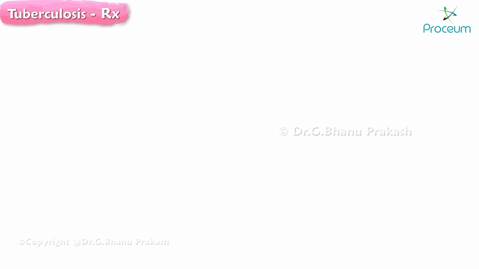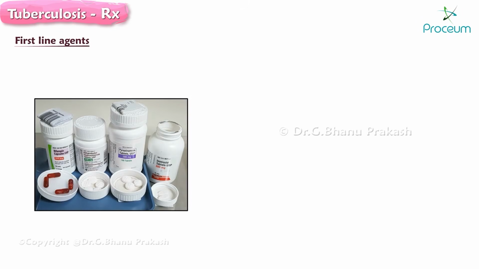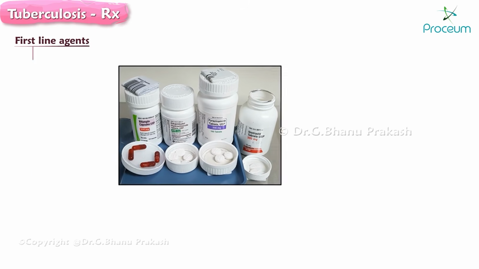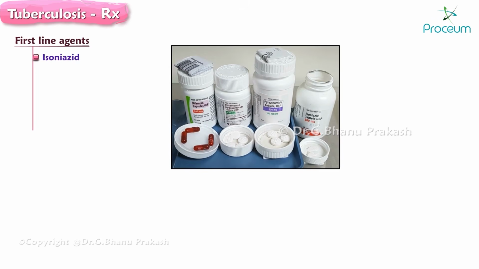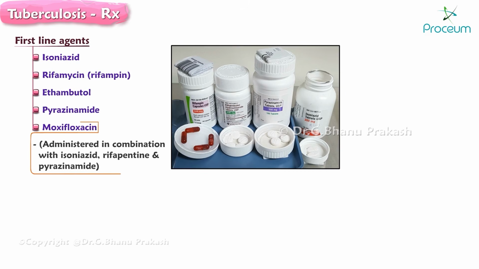Tuberculosis treatment. First-line anti-tuberculous agents for treatment of susceptible tuberculosis consist of isoniazid, usually rifampin, ethambutol, pyrazinamide, and moxifloxacin when administered in combination with isoniazid, rifampicin, and pyrazinamide.